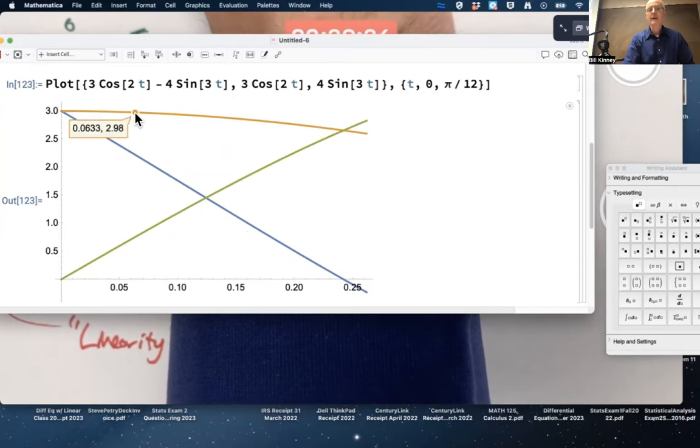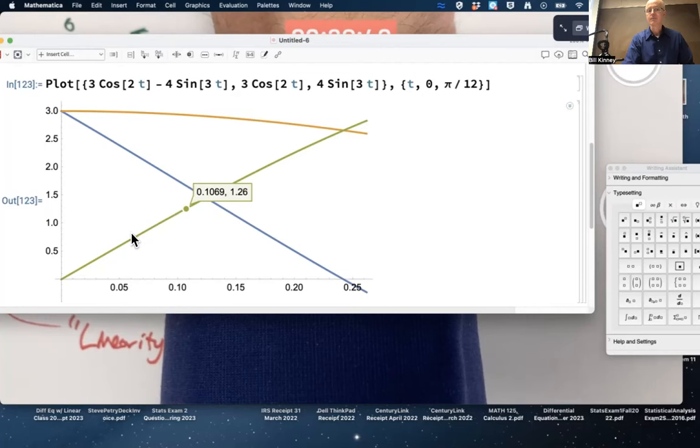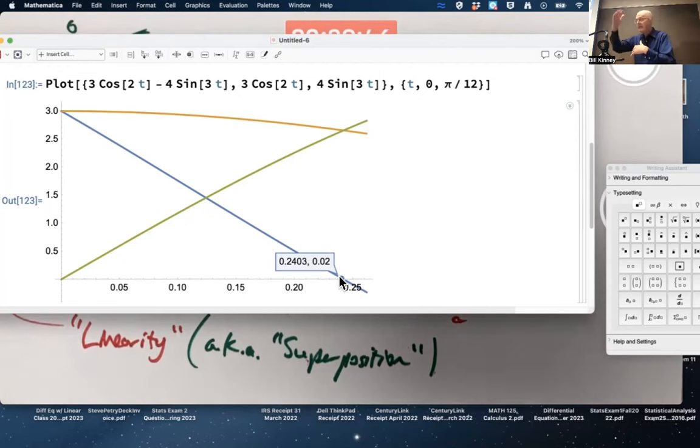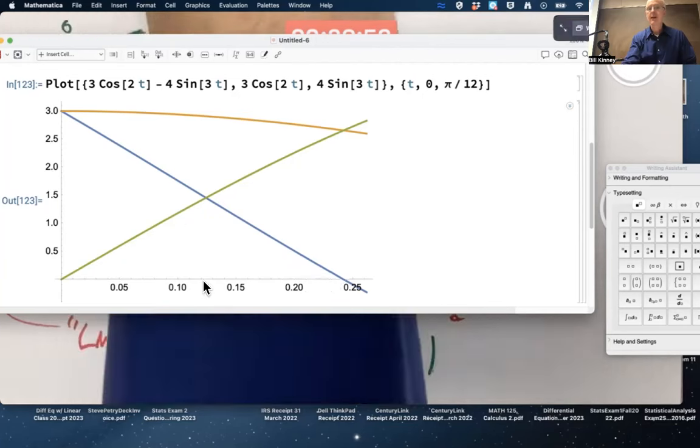Over the interval where the inflow, orange, is greater than the outflow, green, from 0 to about 0.24, the area between the curves is the same as the area under the blue curve.